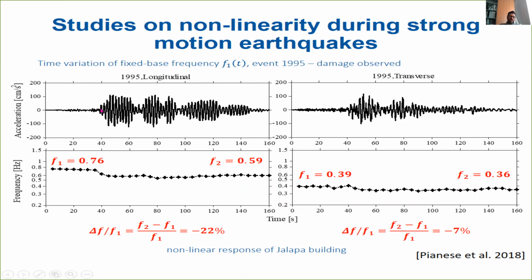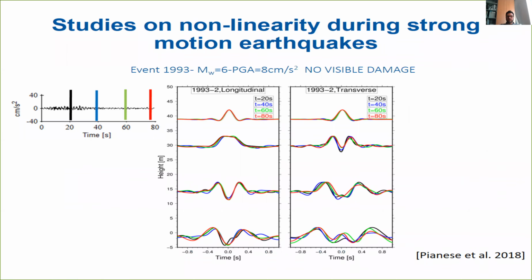And it was very clear that when the large shaking was starting, there was a clear change in the frequency of the building, and this clear change was mainly related to the arrival of these two wave packets that were generating a clear diminishing of the resonance frequency. On the transverse component, this was much less evident. So mainly in the longitudinal component, we observed large damage in the Jalapa building in Mexico City.